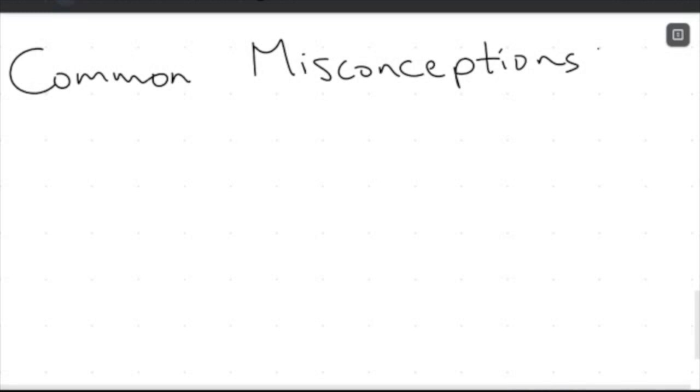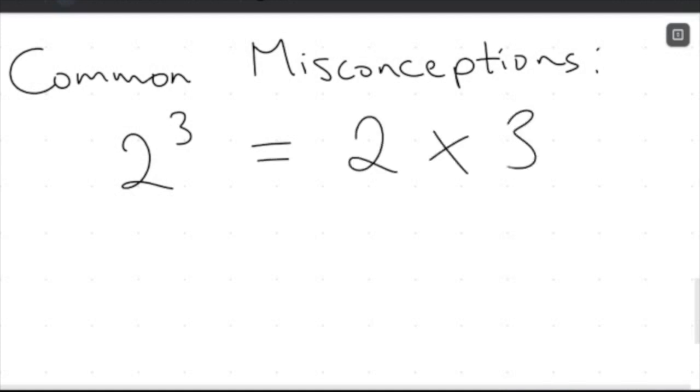The first one is that 2 to the power of 3, for example, a lot of students get confused and go, oh, okay, well, this is the same as 2 times 3.